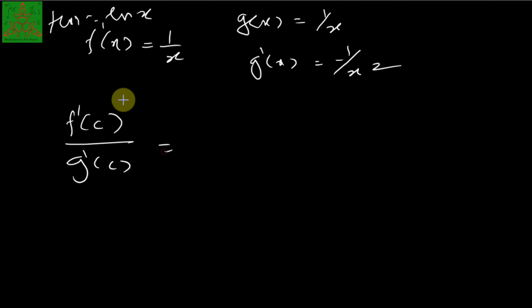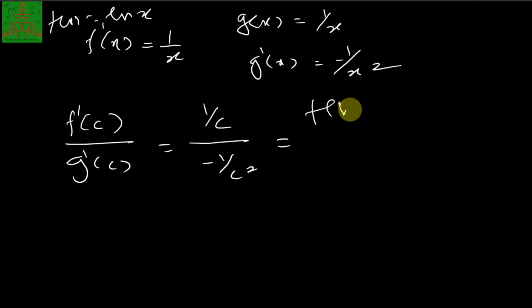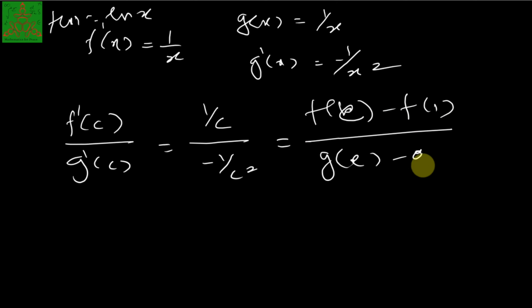So hence f dash of c upon g dash of c gives me 1 upon c upon minus 1 upon c square, equal to f of e minus f of 1 upon g of e minus g of 1. But what is f of e? That is ln of e, which gives me 1. That is 1 minus ln of 1, which gives me 0. What is g of e?